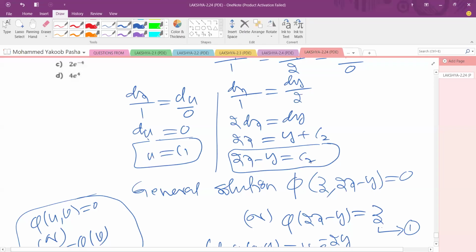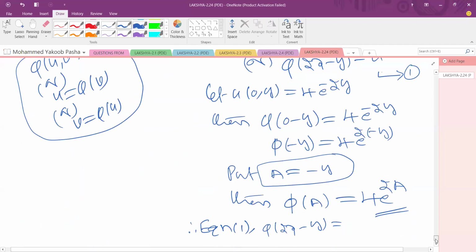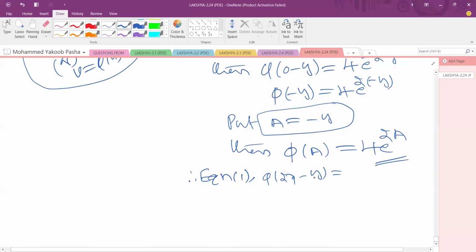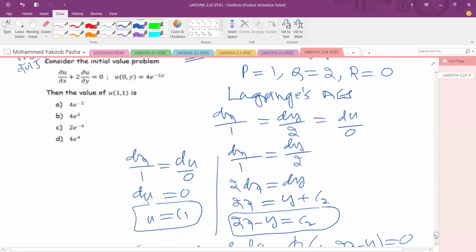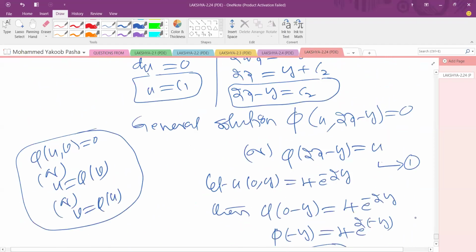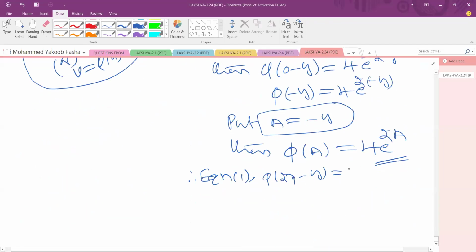So here we can write u. Okay, it is also u, the dependent variable, in the z place it is u. Okay, so phi of 2x minus y is equal to z. Actually, what is z here, for us it is u, sorry, phi of 2x minus y equal to u, equation 1. We write it here, is equal to u.